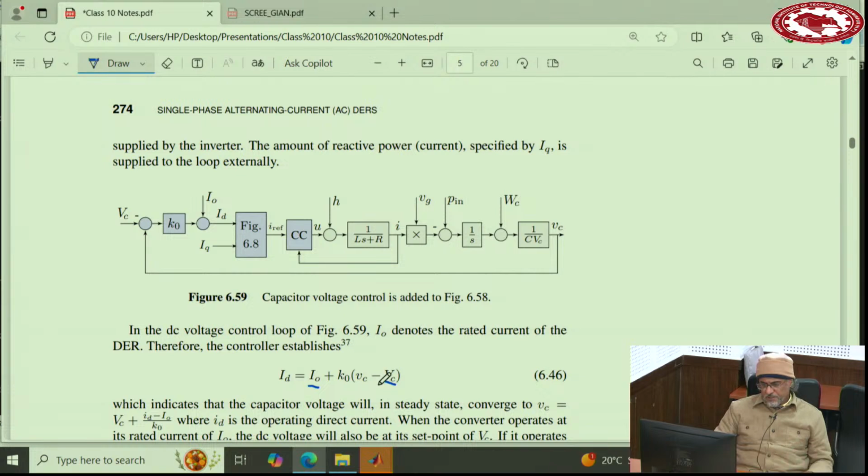I'll explain a little bit what this means. And IQ represents the reference for reactive power. You can put it 0 if you want no exchange of reactive power, or you can put any number that you want, depending on how much reactive power. Or if you want to bring it from a droop form, you can do that.